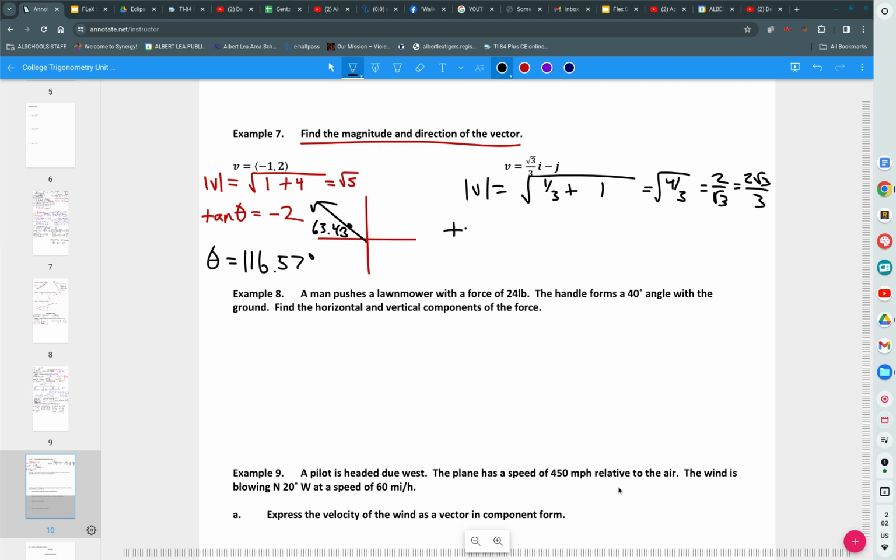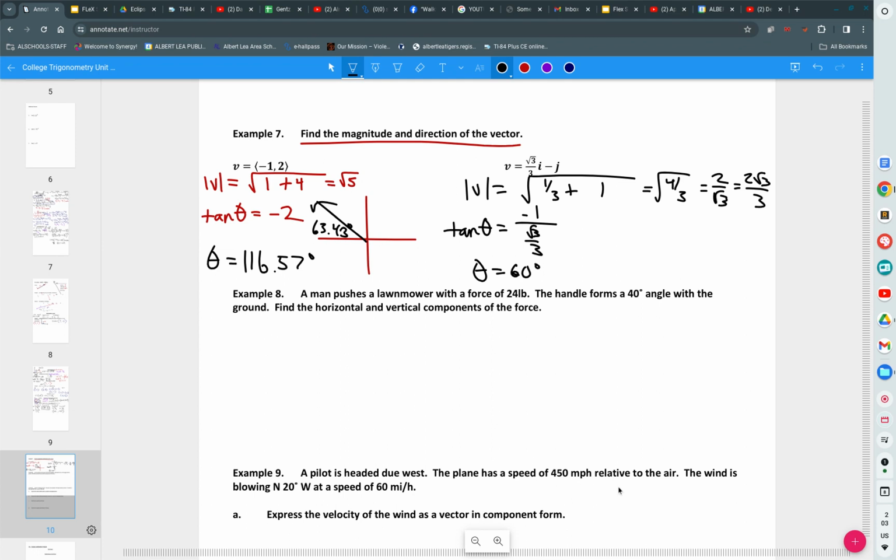And finally, if you set up tangent of theta is equal to your b value, which is negative 1, divided by the root of 3 over 3. If you just type that into your calculator like it is, 1 over the root of 3 over 3, and inverse tangent that, you come up with theta is equal to 60 degrees.